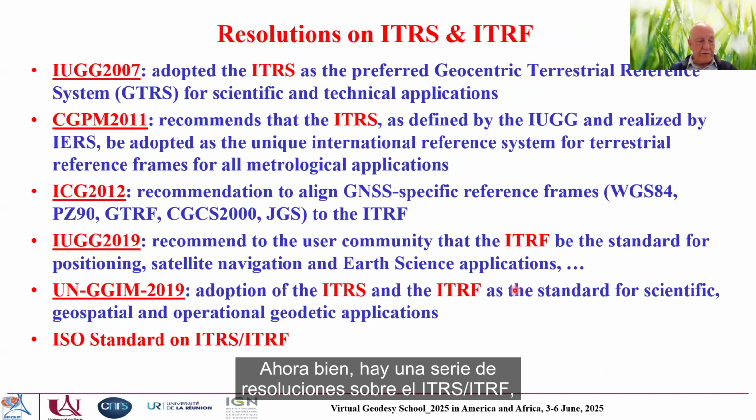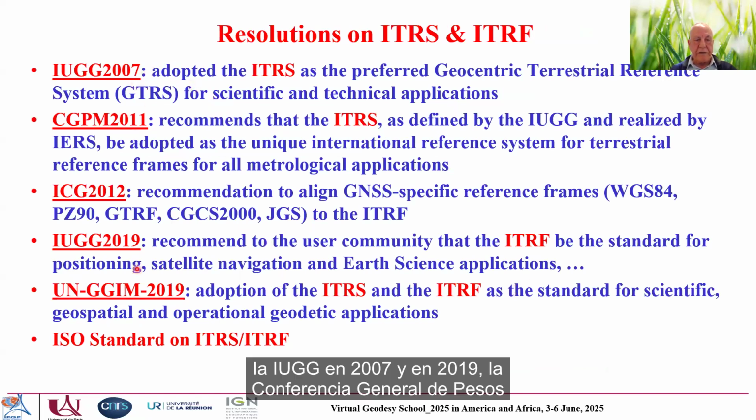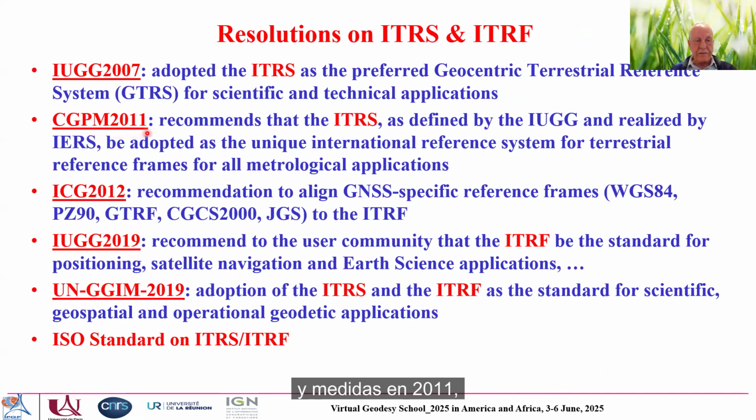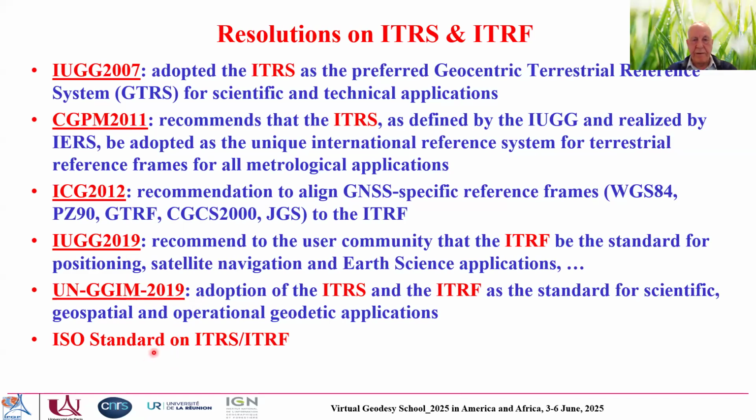Now, there are a number of resolutions on the ITRF: the IUGG in 2007 and in 2019, the General Conference of Weights and Measures in 2011, the ICG, the International Committee on GNSS in 2012, the UNGGIM in 2019, and we have also an ISO standard on the ITRF.